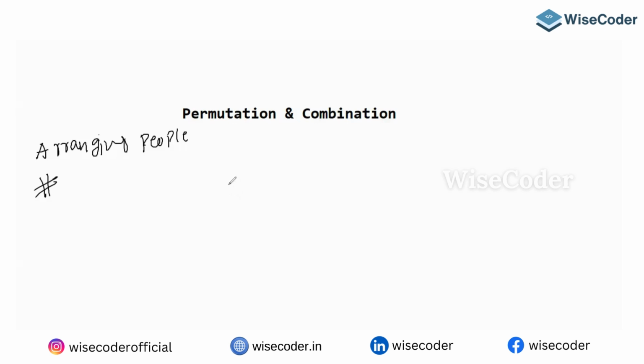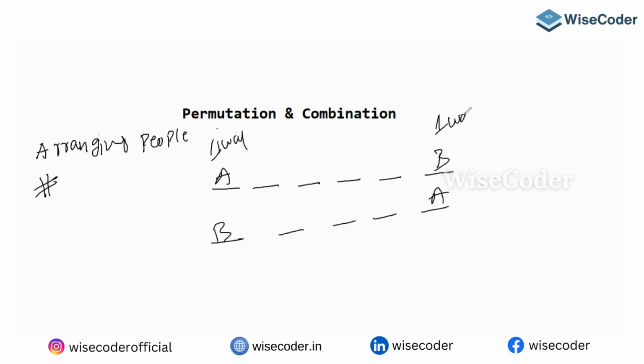Let's say there are 6 persons: 1 2 3 4 5 and 6. Here A will come and here B will come, or here B will come and here A will come. These places are fixed. This is one way, this is also one way.